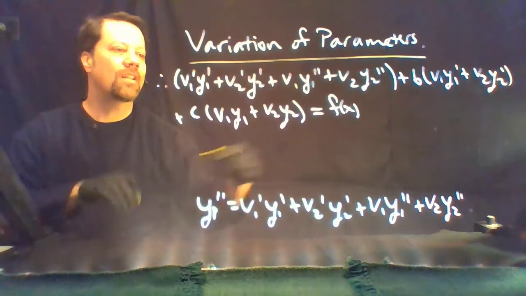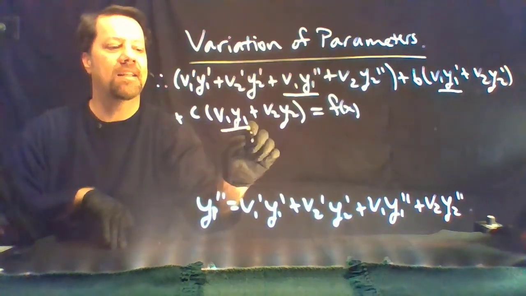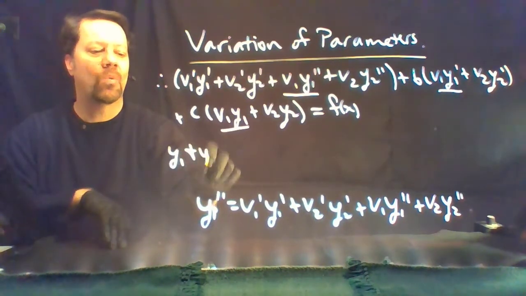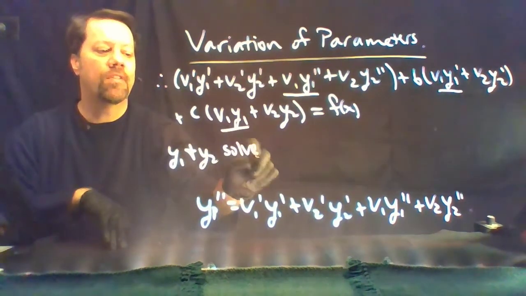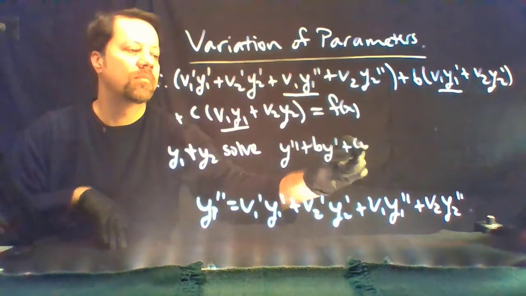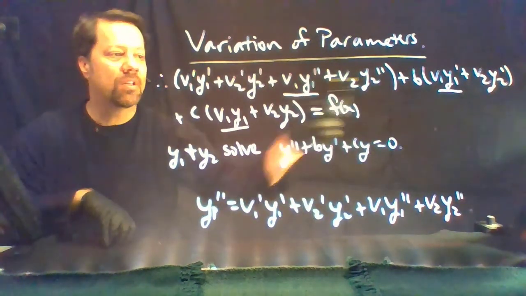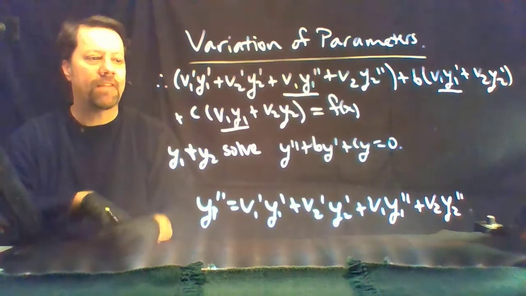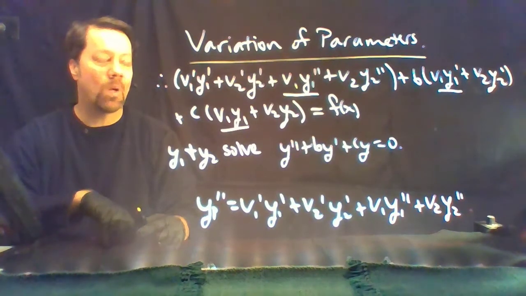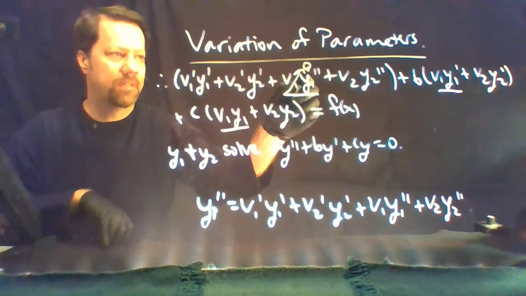Now, look at these terms involving v1. And keep in mind that y1 and y2 solve the corresponding homogeneous equation. It follows then that these three terms can be combined, the v1 factored out, and then all the expressions involving y1 will add up to 0. These three terms must add up to 0.